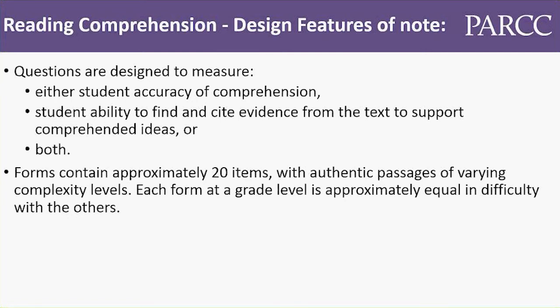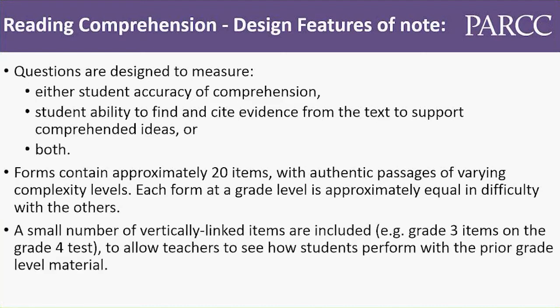Each of the tools allows for about 20 items. We do use authentic passages of varying complexity levels, and each form at a grade level is equal in difficulty with other forms. There are a small number of vertically linked items on each fixed form of the assessment. So, for example, on the grade 4 test, you will see a small number of grade 3 items.